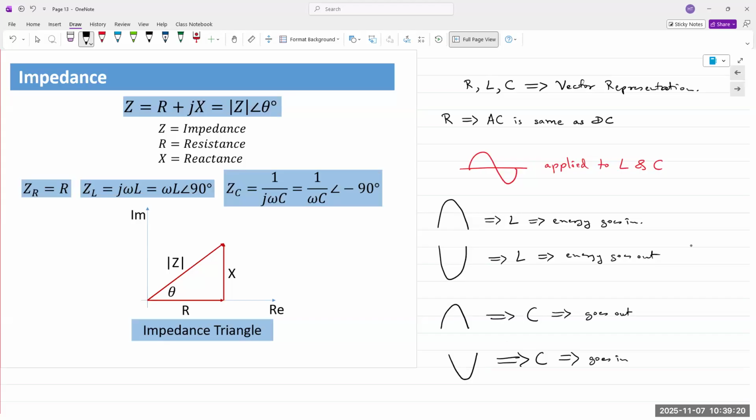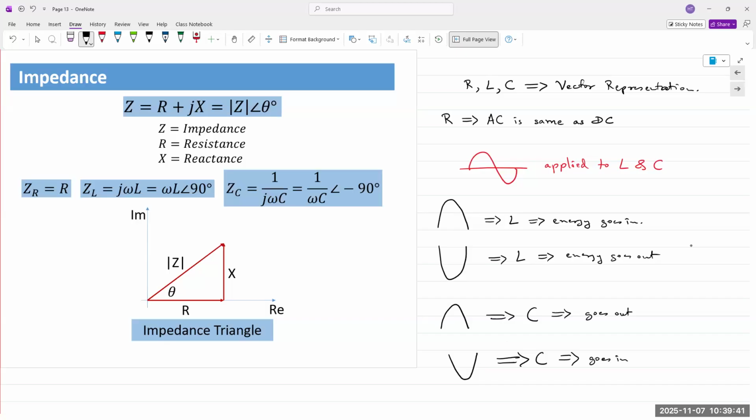Let's simplify it. We have an input. That energy input is being sent to the inductor or capacitor. It receives the energy, stores it, but that stored energy is now going to oppose any change in this input.